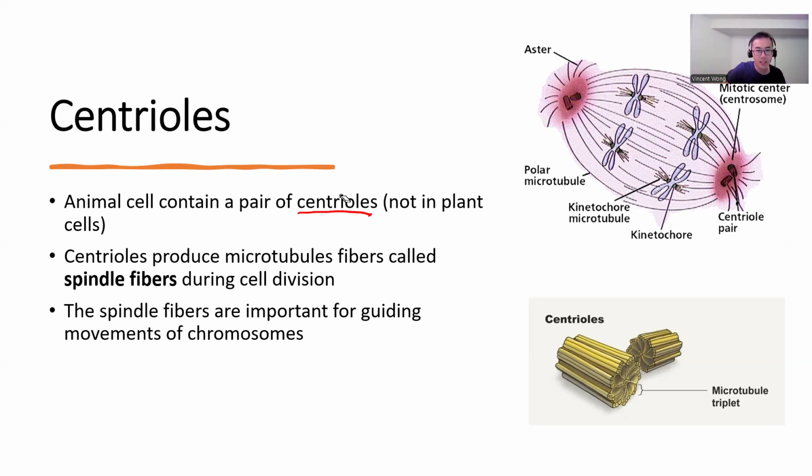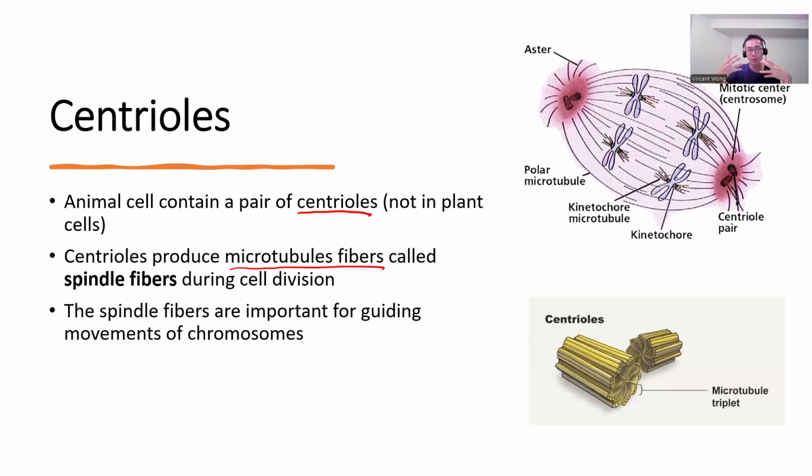So we have these centrioles, and the function of the centrioles is to produce microtubule fibers that help guide the movement of chromosomes, right? Remember last class I said when a cell divides, they need to pack up all the chromatin, cause them to condense and become chromosomes, and then you have to move them around, right?